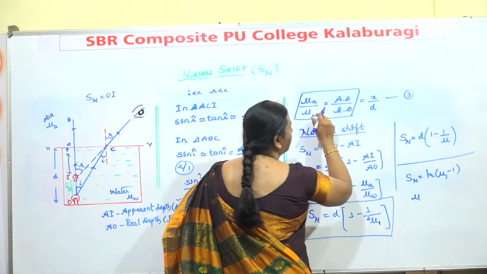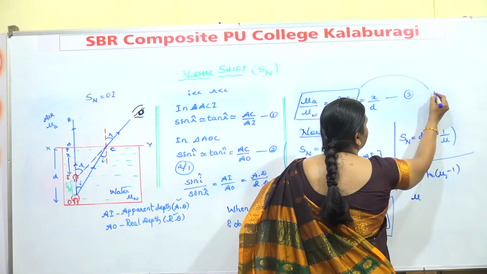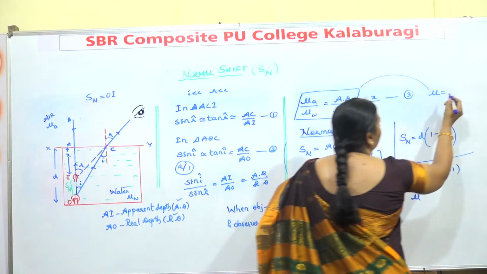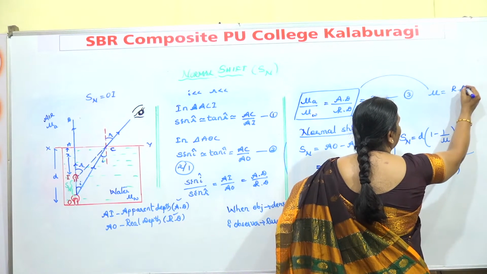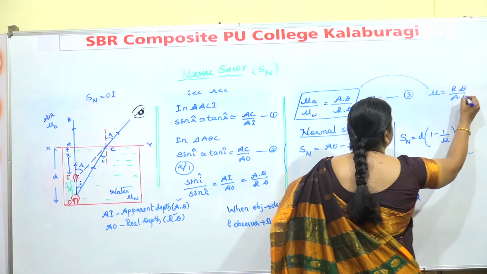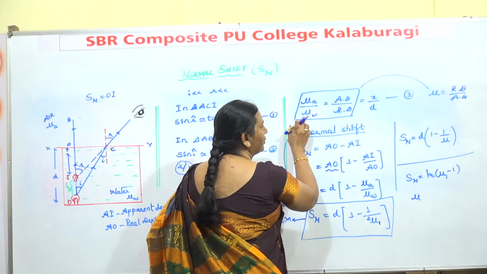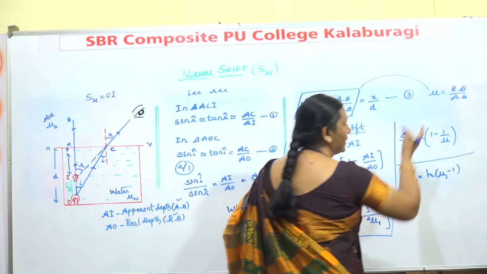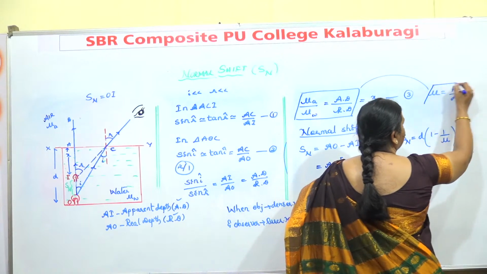According to this, mu, the refractive index of that denser medium, we had got as real depth by apparent depth. This is one more important relation.